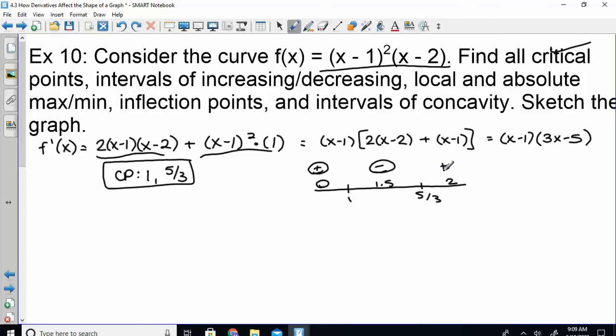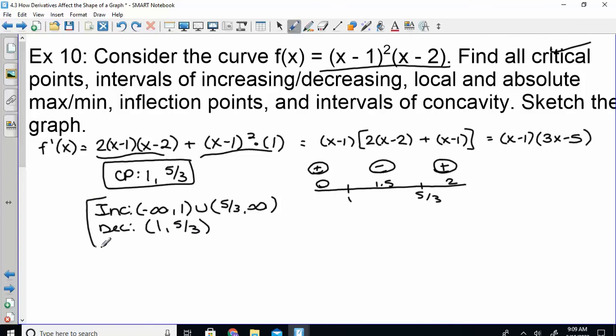Put in 2, positive times positive is positive. So where is this increasing? It's going to be negative infinity to 1, and 5/3 to infinity. And then it is decreasing between 1 and 5/3. Okay, that's the second thing I asked for on my list.